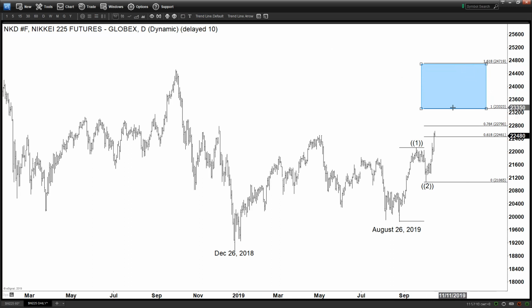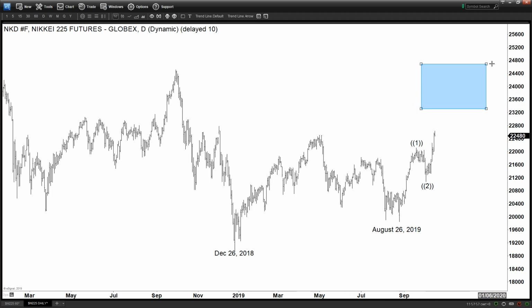That will be the next target, in which this leg is equal to this leg, assuming this is just an ABC. If this is 1, 2, 3, we can go as high as 24,719, which is the 1.618 extension here.